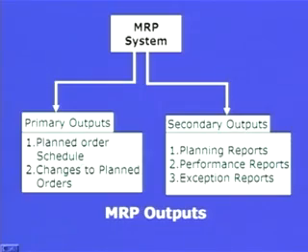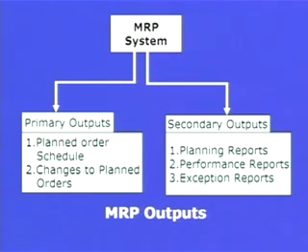Now, the primary outputs in this case will be the planned order schedule, that we have already seen when we understood how it works. Changes to planned orders: certain times there are so many changes that keep on happening in the enterprise, so changes to planned orders will also be a primary output of the materials requirement planning system. There will be certain secondary outputs.